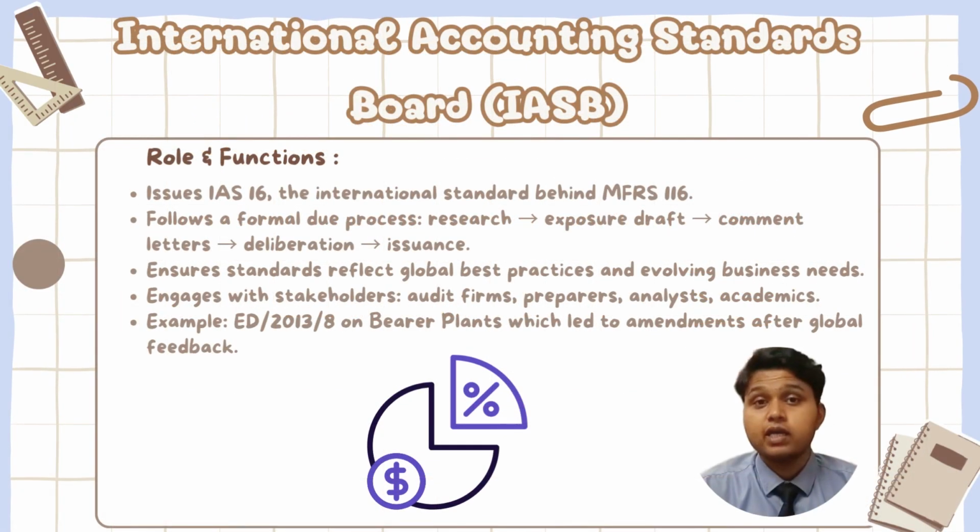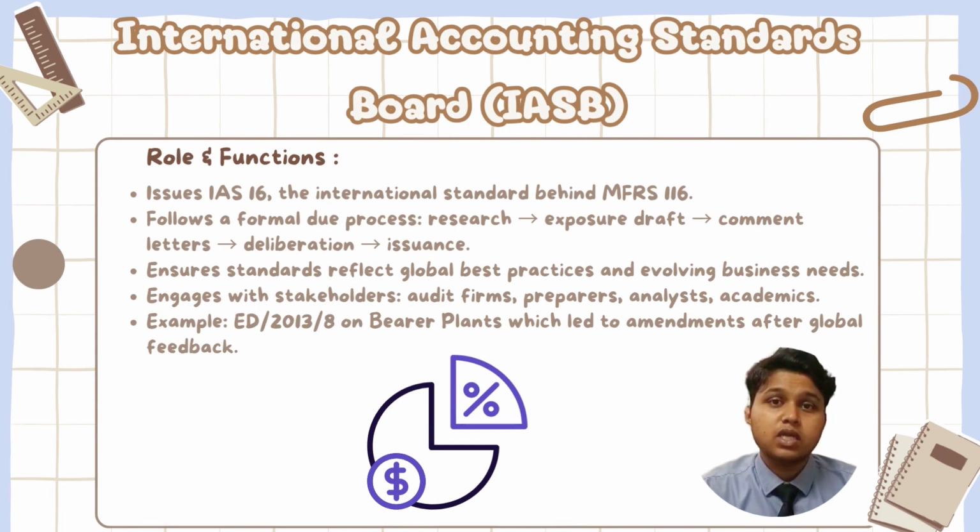The first institution is the IASB, which develops IAS 16 through a structured due process. This includes research, issuing an exposure draft, collecting comment letters, and then finalizing the standard. IASB also works with global audit firms, companies, and academics to keep the standard practical and relevant.